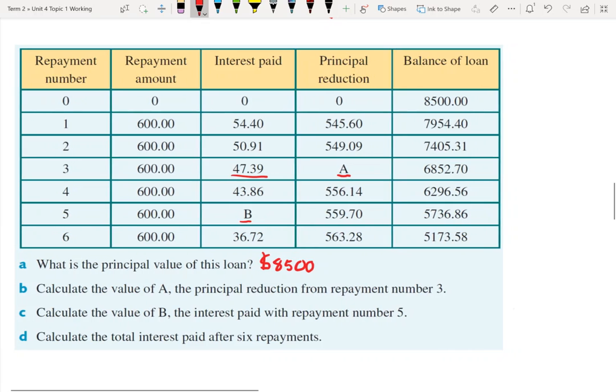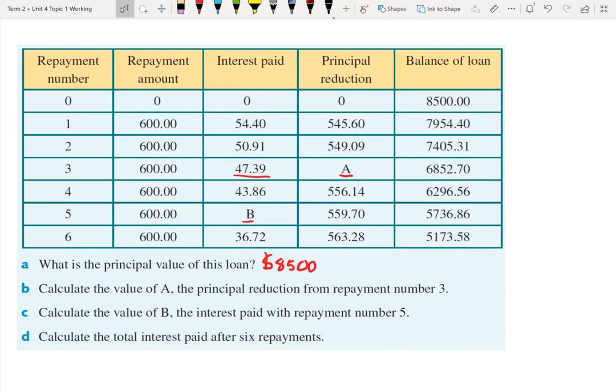So what we have to do is just figure out how much the balance has gone down. And basically the way this works is $47.39 of my payment has been consumed by interest. So instead of going off to pay the money I actually owe, that's just paying for the interest on the account. So A is just going to be the difference between the payment and the interest.